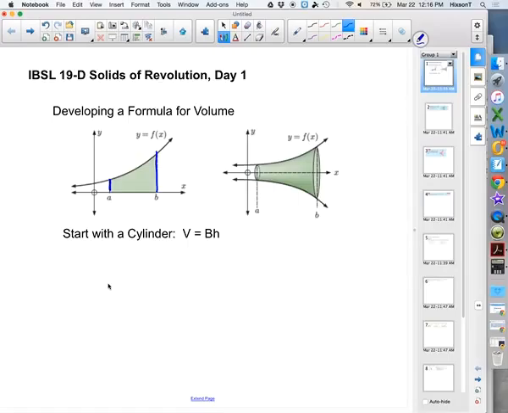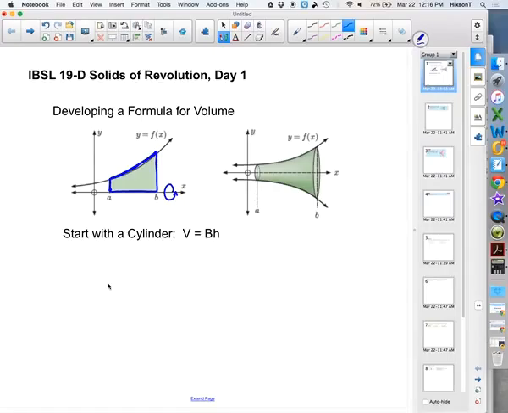But we're taking this shape and spinning it around the x-axis. You can see what ends up happening is we get, in this case, a flaring cone shape, like the bell of a trumpet or something like that.